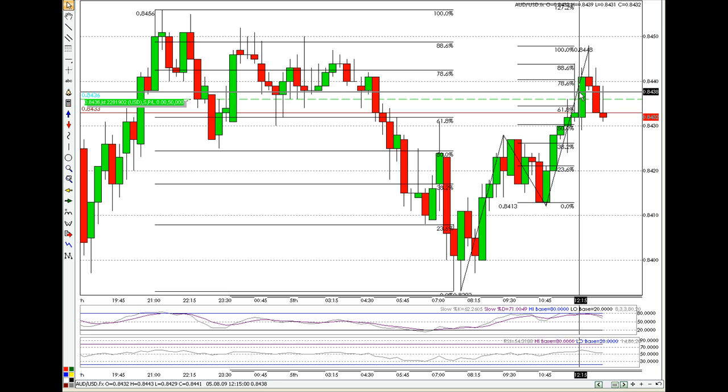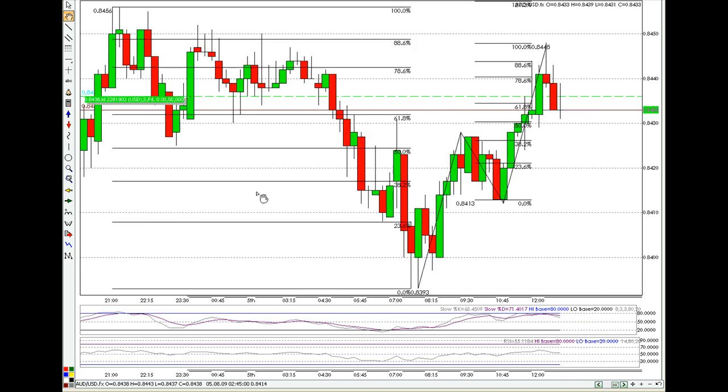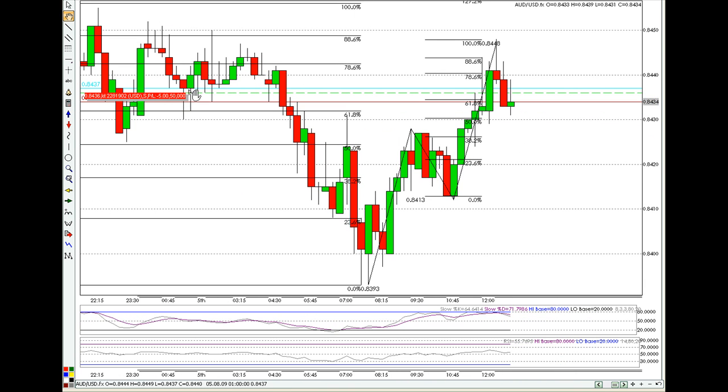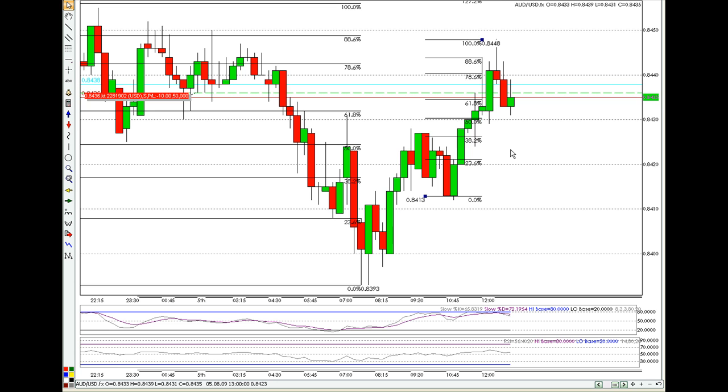Now let's talk about where I am going to get out of this trade. There's a couple of options here. What I'm first going to do is erase this ABCD and fib, and I'm going to draw 2 fibs.